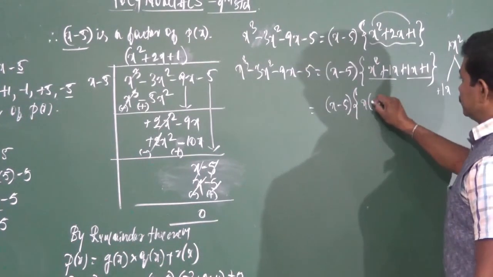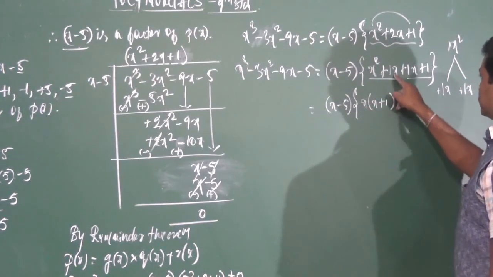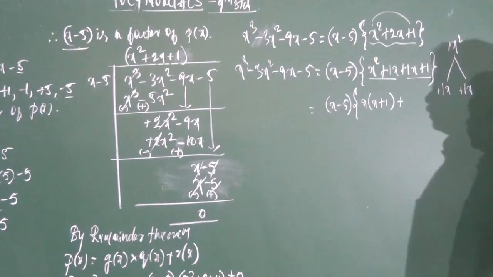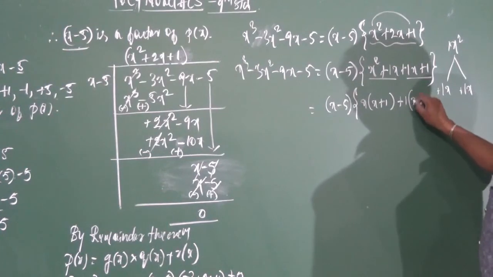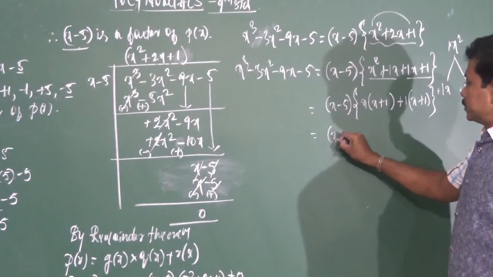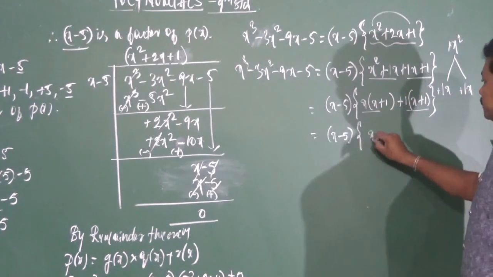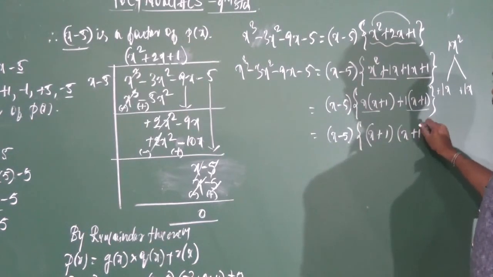So x into x plus 1, that is x square plus x, plus 1 as common, so that becomes x plus 1. So it is x minus 5 into, out of these we take x plus 1 as common, and we are left with again x plus 1.